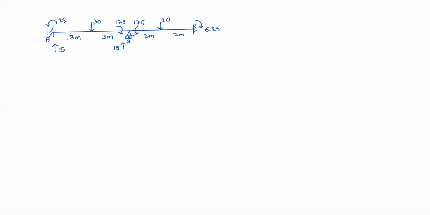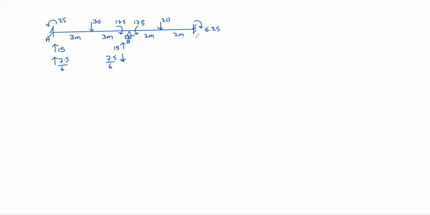So for that anti-clockwise 7.5, we need to give a clockwise counter. How much? 7.5 by 6. We are forming a couple for balancing this. So span is 6 meters, that's why 7.5 by 6.